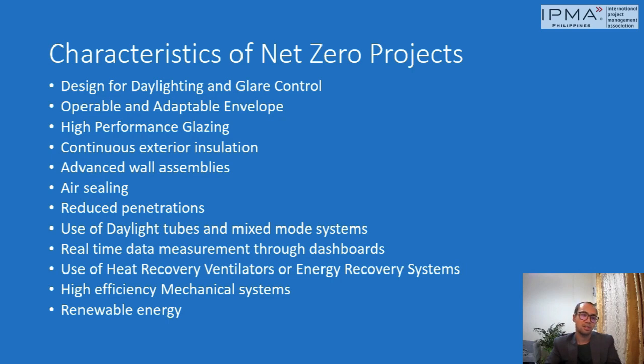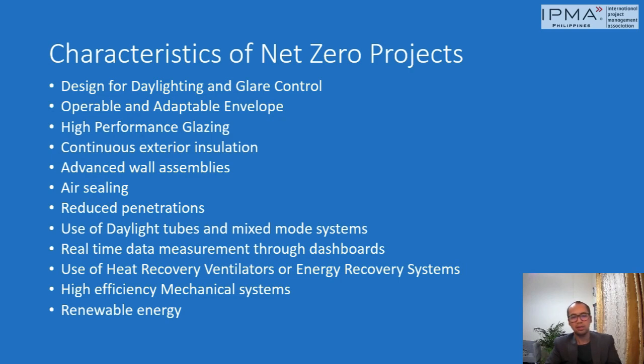Then we have also high performance glazing. Usually most of the net zero projects install triple glazing, some double glazing. So these are high performance or high efficiency glass in the building.